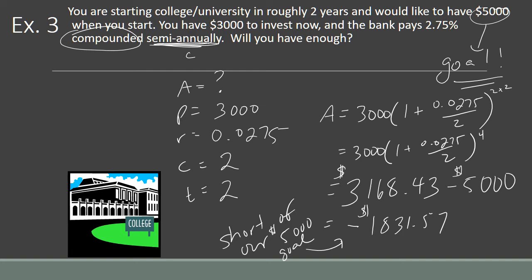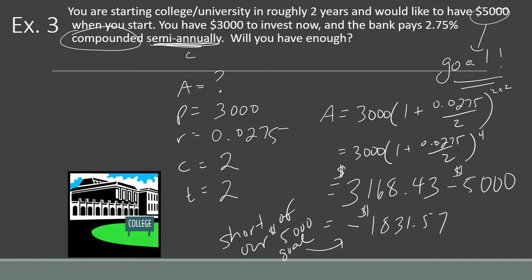Because we could do like, well, what if I had 3,500? What if I had 4,000? What if I had 4,500? What if I had 4,600? Like you would just be sitting there trial and error. So this is the more useful side of compound interest, is you setting goals. So this is what we're going to get into for the rest of this lesson.